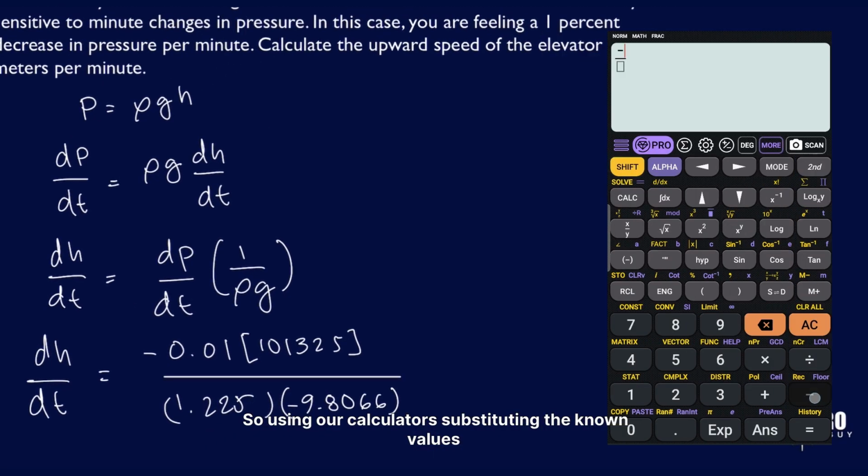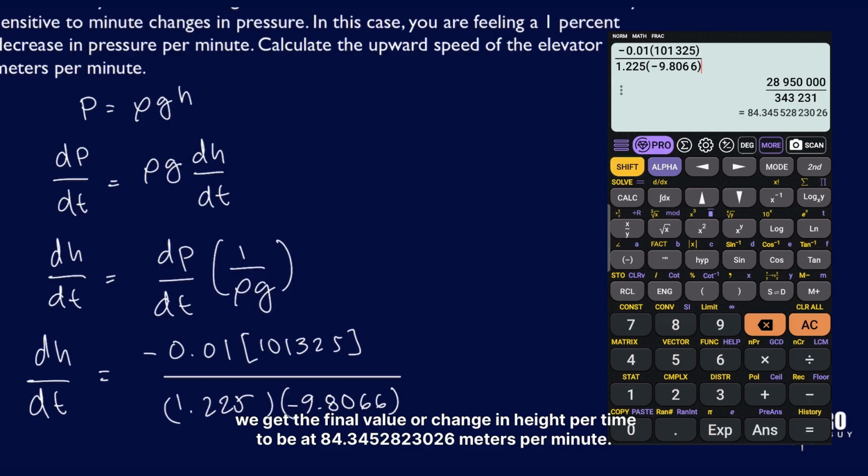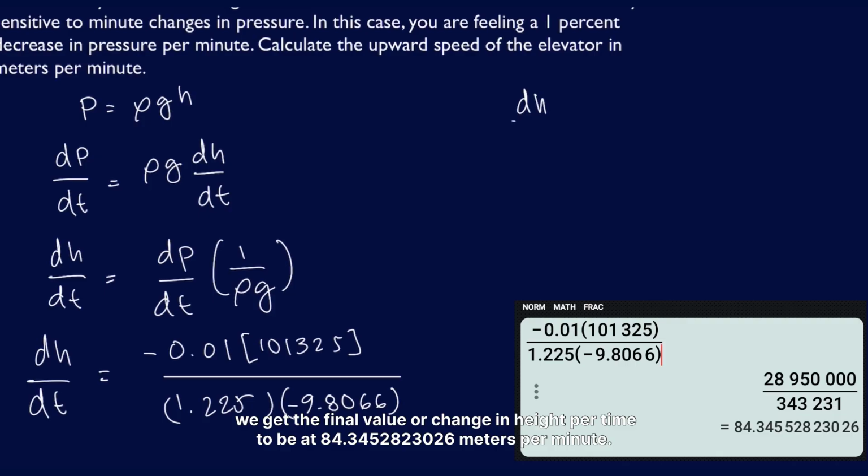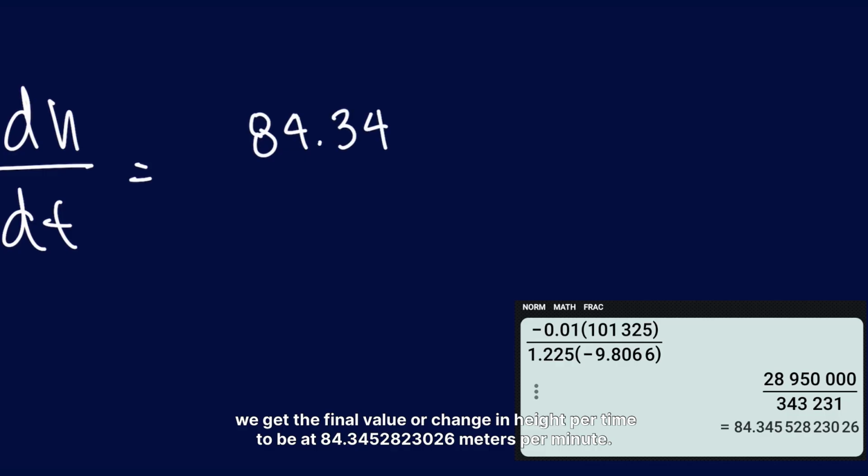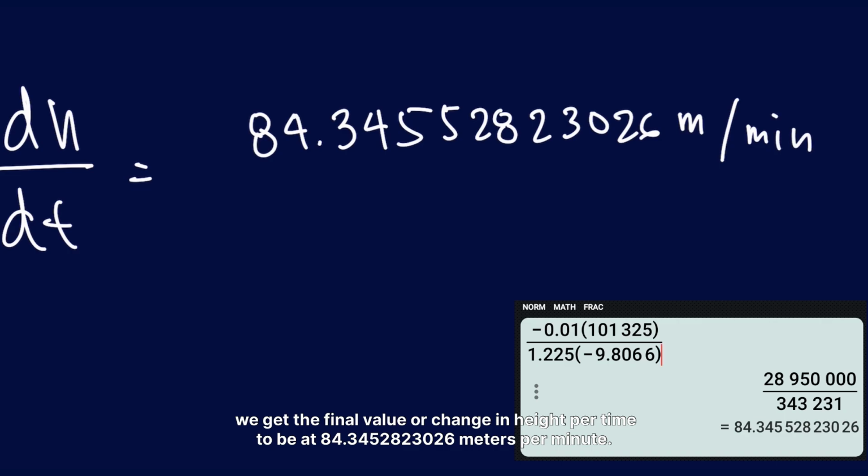So using our calculators, substituting the known values, we get the final value for change in height per time to be 84,345,528.23026 meters per minute.